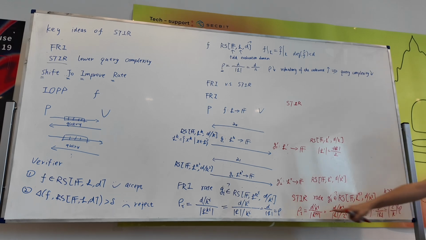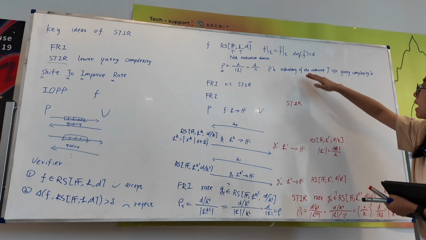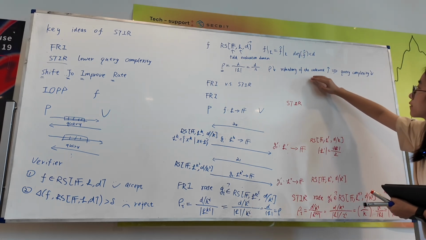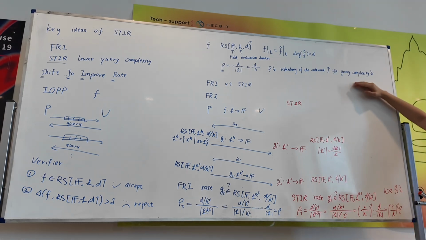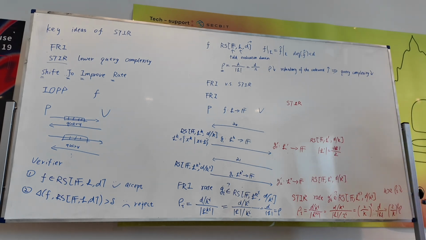So the rate of STIR will be lower. This is the key idea: it has a lower rate, so more redundancy of the code word, and the query complexity will be lower. Is that clear?